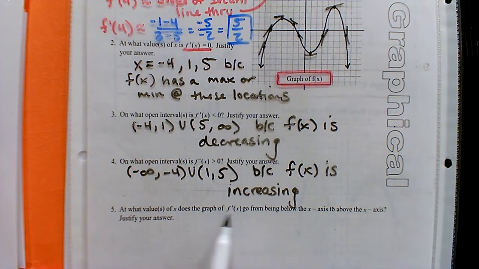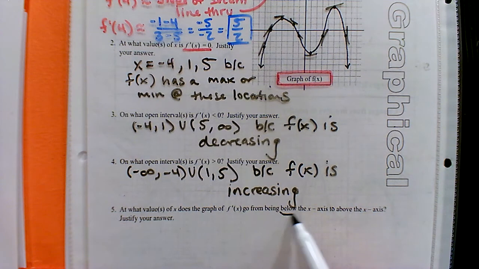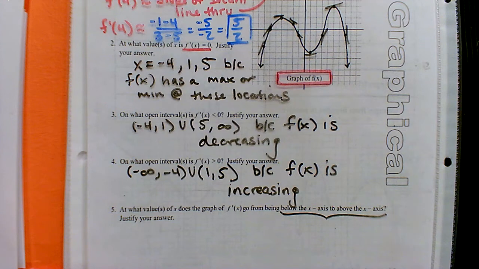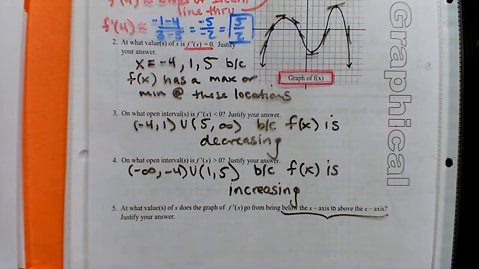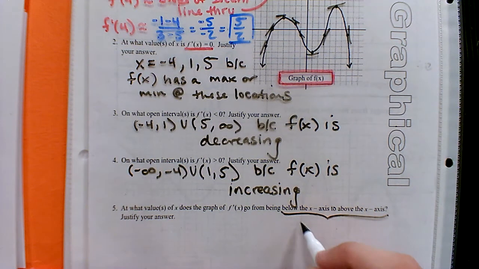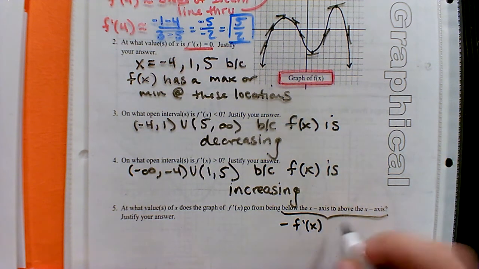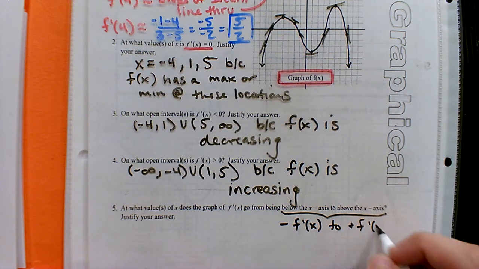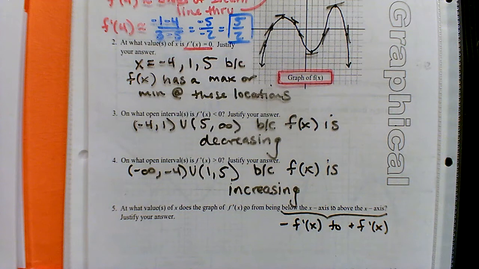If the derivative graph is below the x-axis, is it positive or negative values? Below, aka negative, okay? So the derivative is going from a negative value to above the x-axis, meaning a positive value.